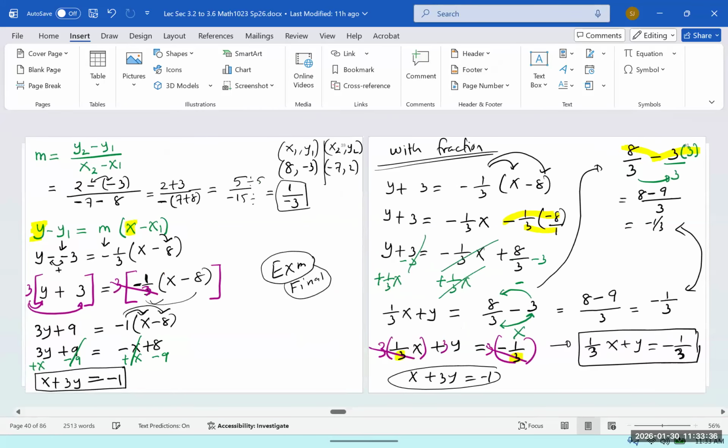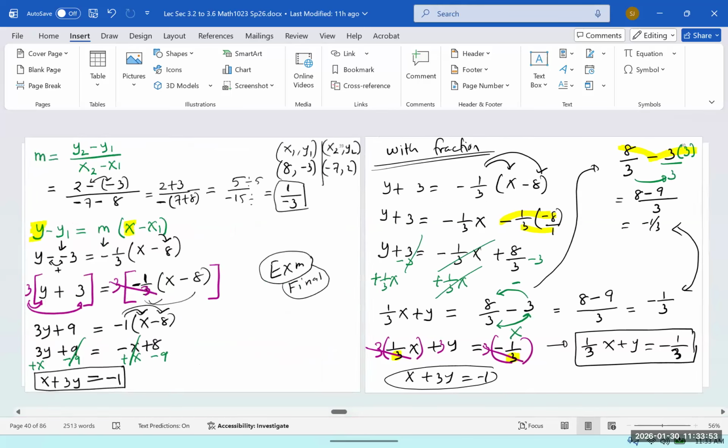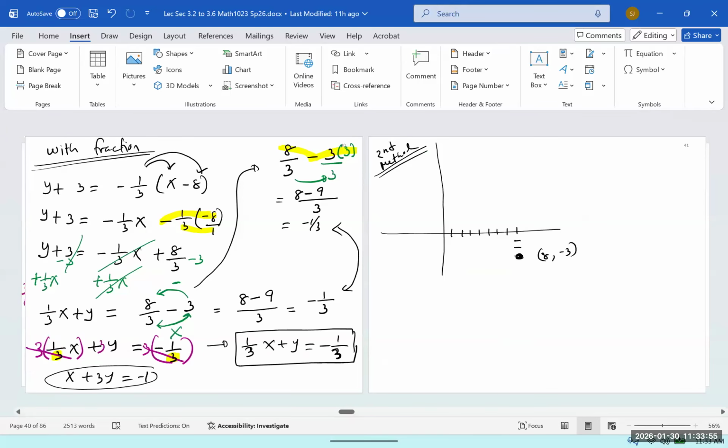The 2 points we have are 8, -3. So 1, 2, 3, 4, 5, 6, 7, 8. 1, 2, 3. The first point is here, 8, -3. And the second point is -7, 2. So 1, 2, 3, 4, 5, 6, 7, -7, +2 here.